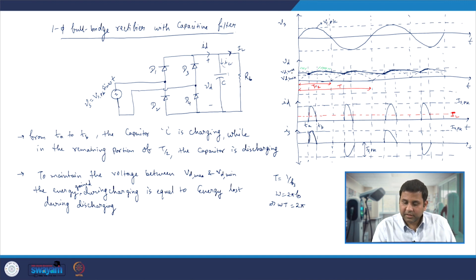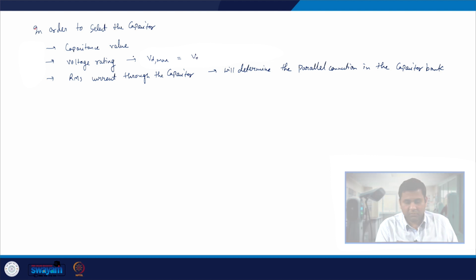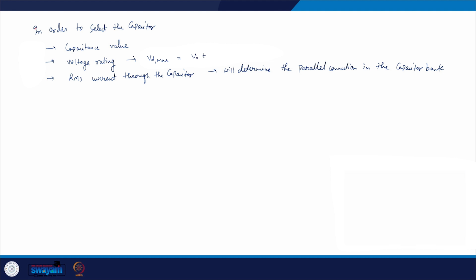So, the maximum voltage which it can withstand is nothing but the value VDC max, which is nothing but your nominal output DC voltage V naught plus delta V naught by 2. So, in this way one can select the capacitor.